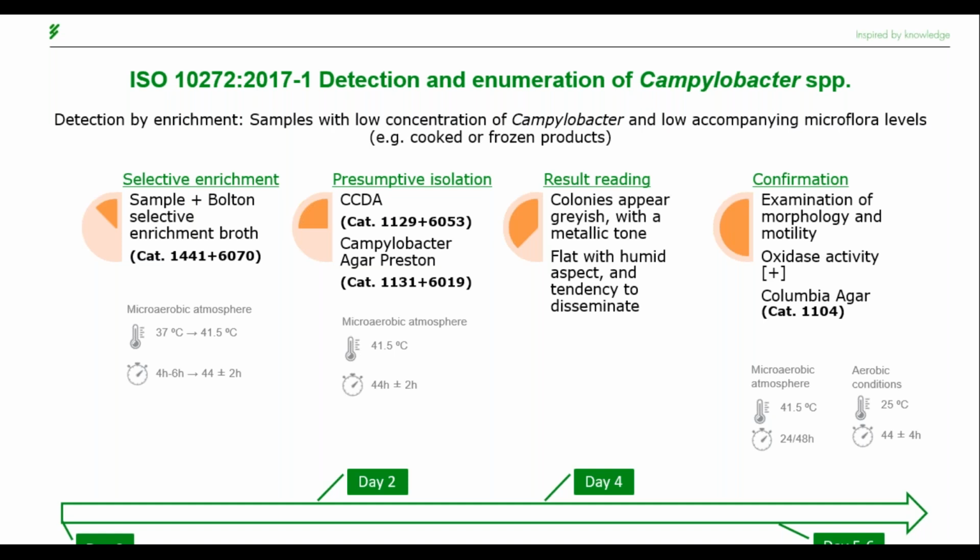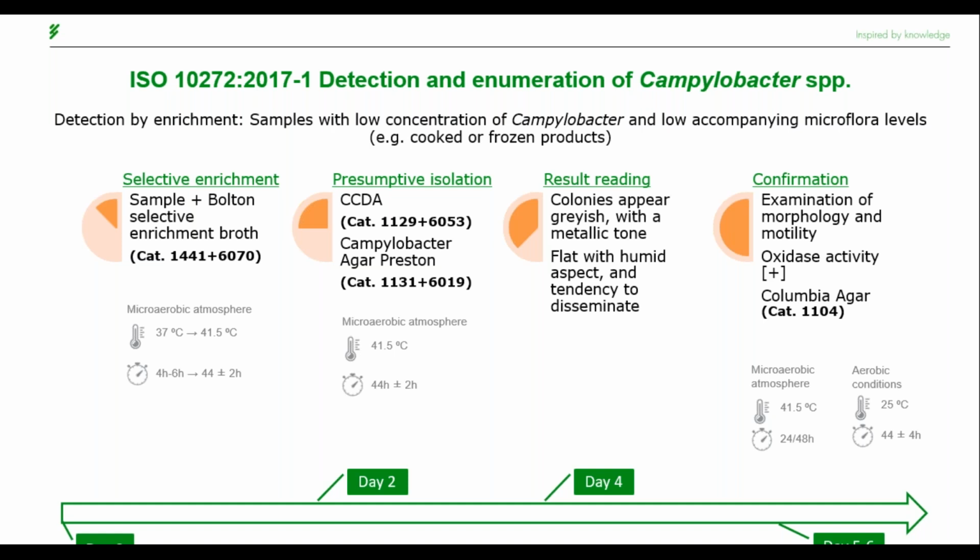The suspect Campylobacter colonies are examined for morphology and motility using a microscope and confirmed by detection of oxidase activity. The selected colonies have to be subcultured onto Columbia agar, incubated in microaerobic atmosphere at 41.5 degrees Celsius for 24 up to 48 hours.